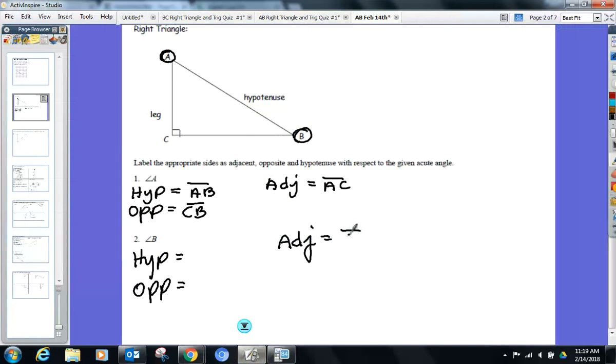That would be adjacent, correct? Yep, keep going. It doesn't matter what angle I'm looking at, and there you go. Any issues with those?